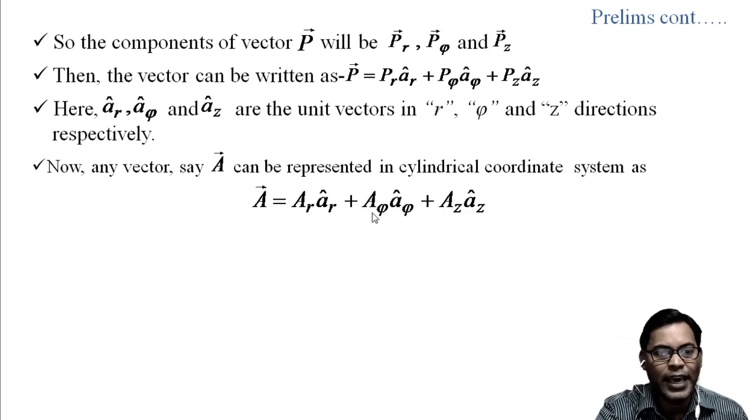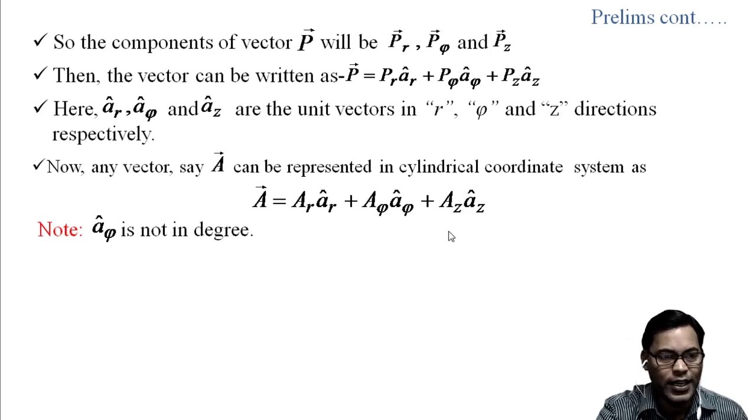Here A_r, A_phi and A_z represent the components of vector A along the r axis, phi axis and the z axis. And as I said earlier, a_r, a_phi and a_z are the unit normal vectors along the r, phi, z directions respectively. Now here one point to be noted: here a_phi is not in degrees.